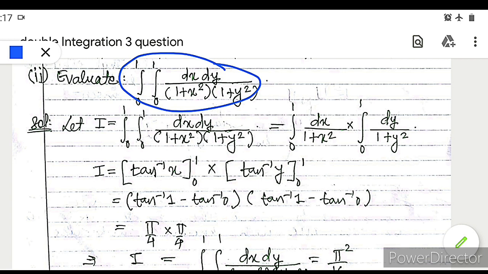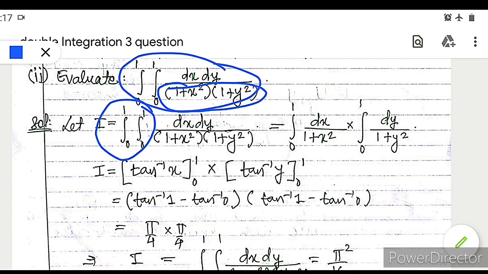Here the integrand, 1 upon this thing, we can separate it. They are already in variable separable form, and one good thing is the integrations have constant limits. So I can separate my variables, the integrand and the integration sign also.